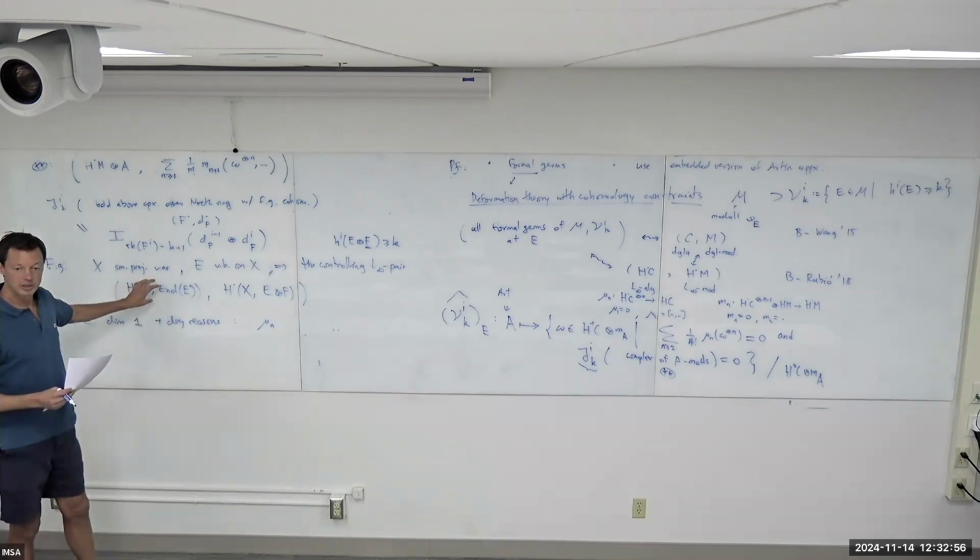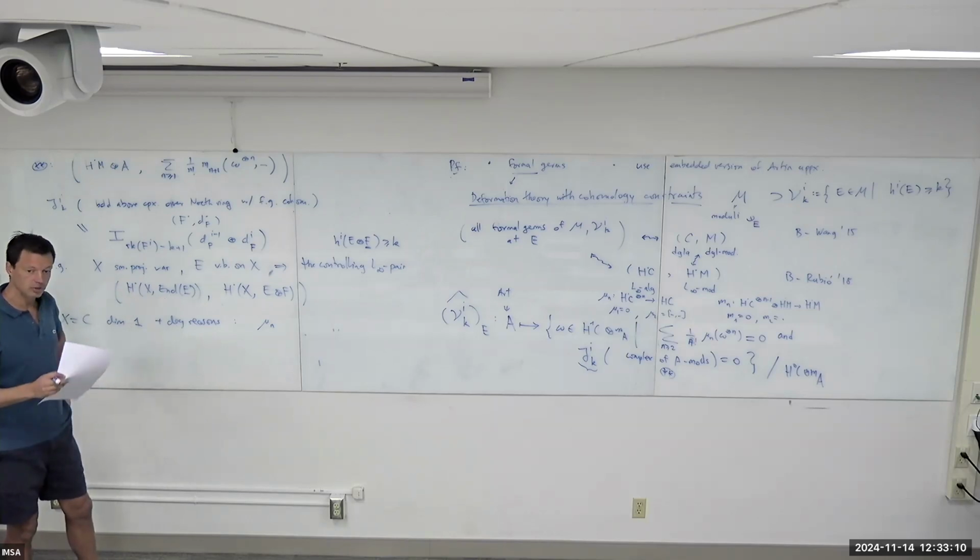Even if you start with an A-infinity algebra and you want to consider it as an L-infinity module over itself, then if that A-infinity algebra structure is trivial, the L-infinity module structure does not have to be trivial. So I'm really using L-infinity here.